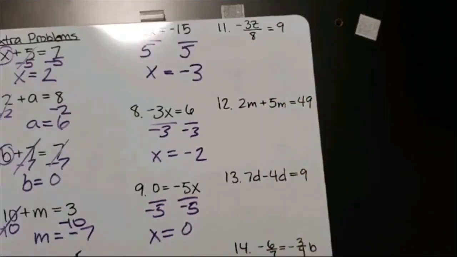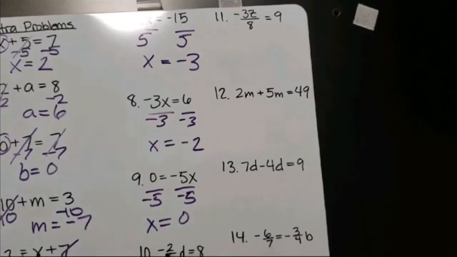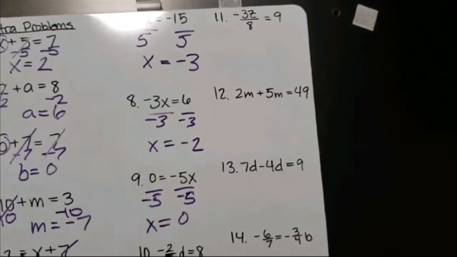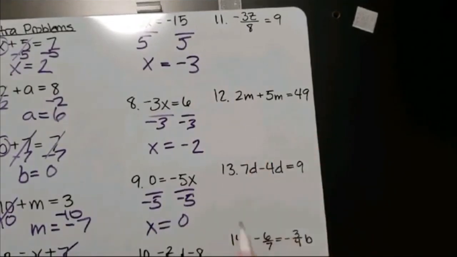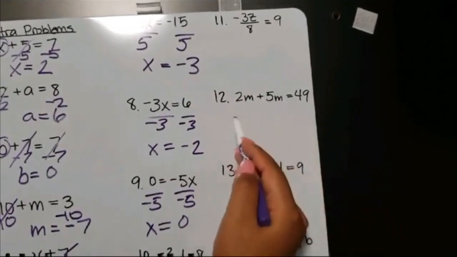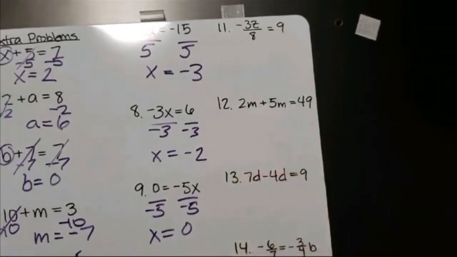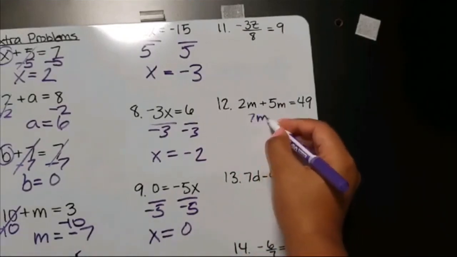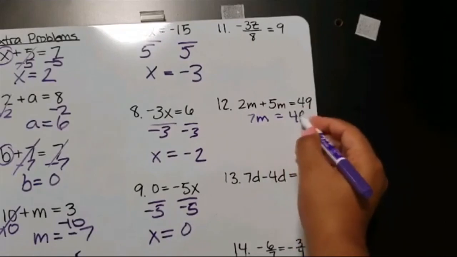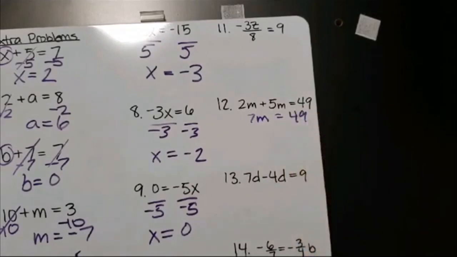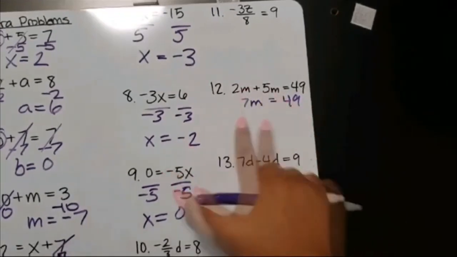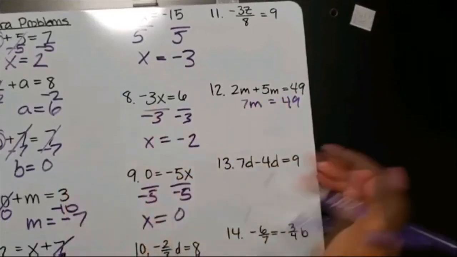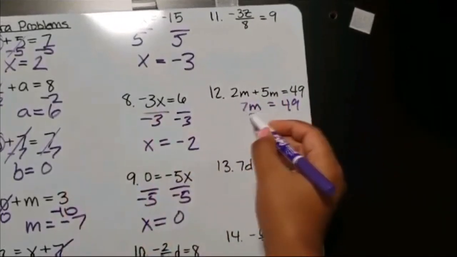For number 12, you want to pay attention to the left side of the equation. We see that we have some like terms over here. So this 2m plus 5m can be combined to be 7m equals 49. Then we have a problem like these over here where the 7 is being multiplied.